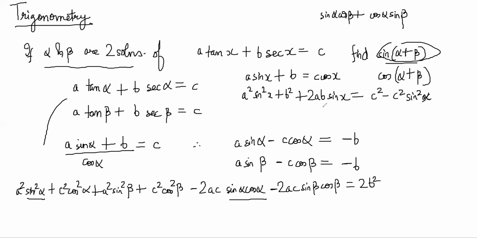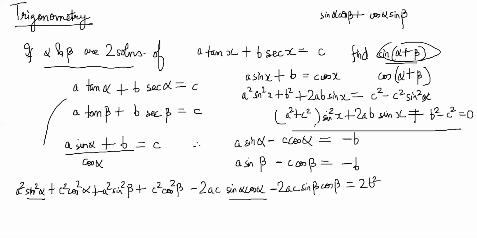So you get a square plus c square sine square x plus 2ab sine x plus b square minus c square is equal to 0. This is the equation that we get in sine x, right? So one of the roots is sine alpha, one of the roots is sine beta.